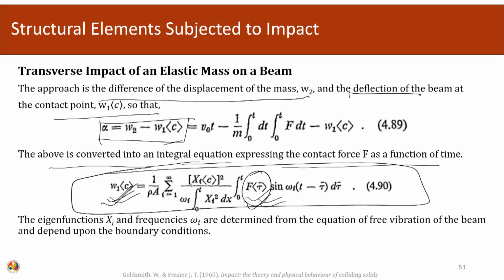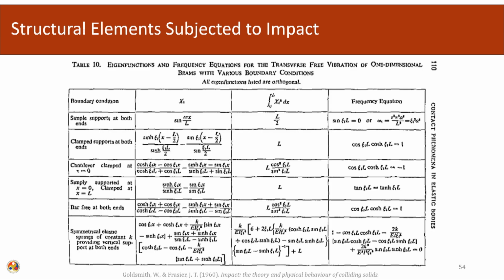The eigenfunctions X1 and the frequencies omega 1 are determined from the equation of free vibration of the beam, and it depends upon the boundary condition. Using this table, depending upon the different boundary conditions, we can calculate the mode shapes and the frequency of the system.